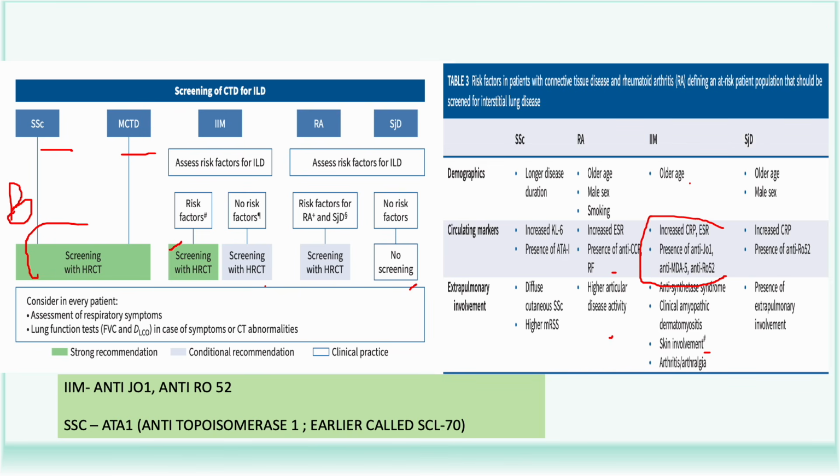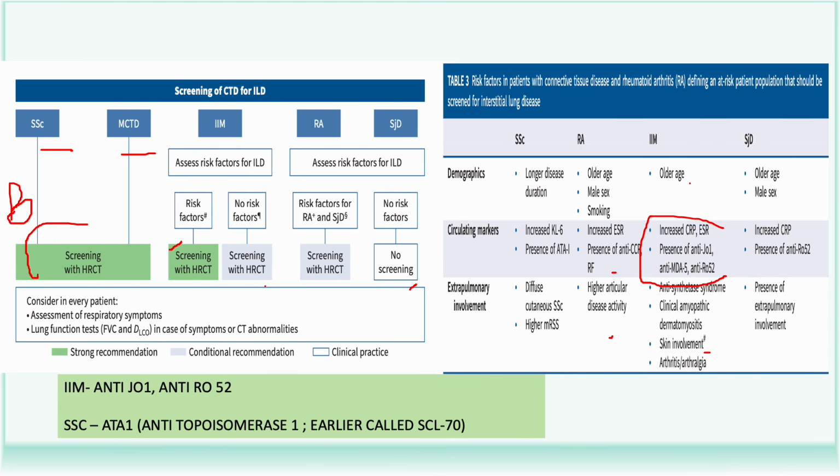So it makes total sense that with the prevalence of ILD being so high in systemic sclerosis, and we know that subclinical lung involvement happens in almost all of these patients, you have to be more strict at screening these patients, right?